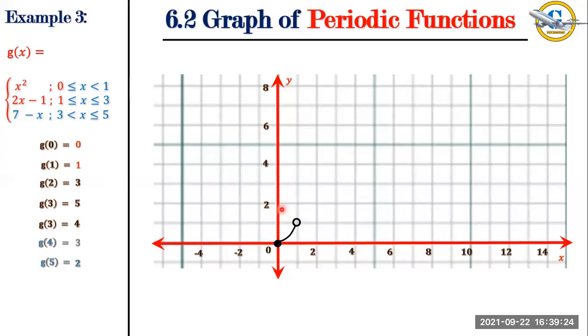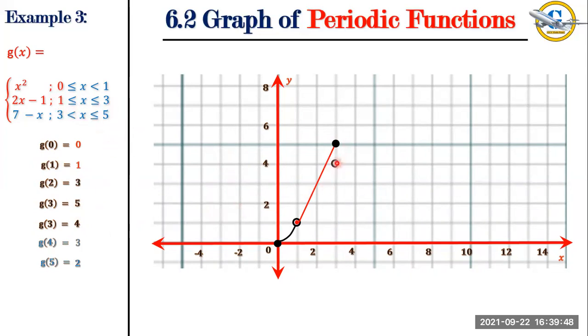Then the second part, this subfunction, since it is a line, you can just take the first two points. You just take at 1 and at 3 and we link the points. And then the last one is equally a line, but the function is discontinuous with this line. So we take at 3 and at 5.